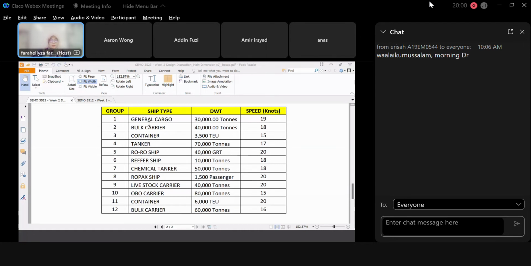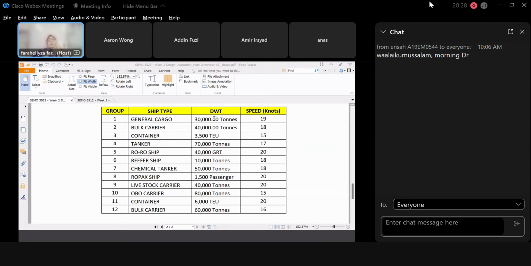So you have ship type, you have DWT, deadweight tonnage, and you also have speed. Some owners may also provide requirements in terms of class, because they have already decided to apply for class. Let's say if they are operating in Japan, maybe they want NK class, certified by Nippon Kaiji class.